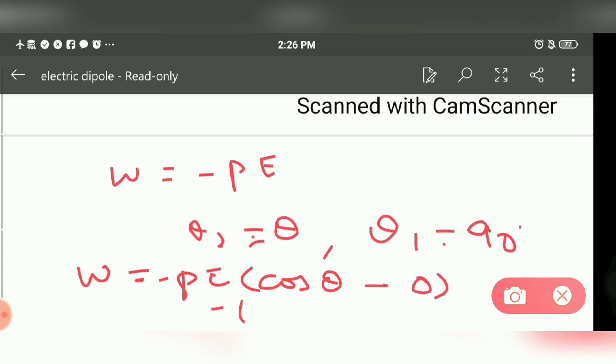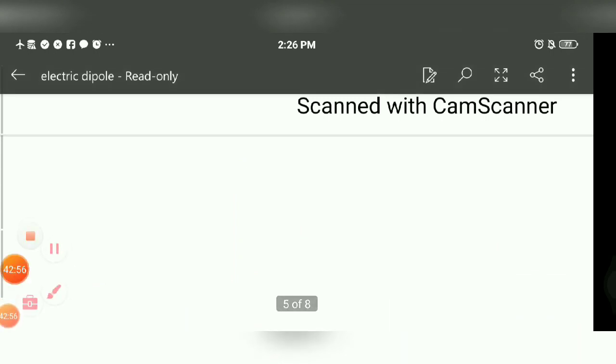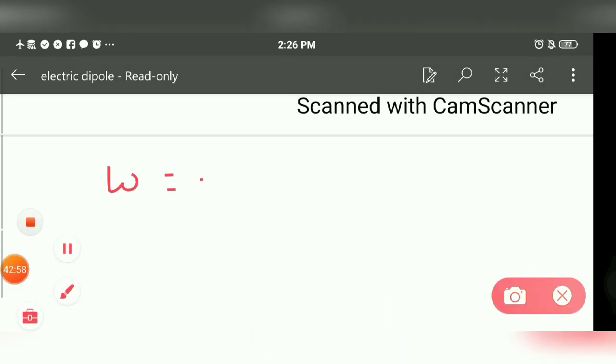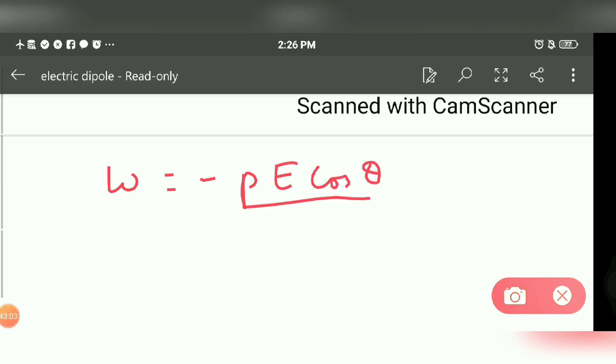So W is minus P E cos theta. This cos theta stands for the dot product, so it is minus P dot E.